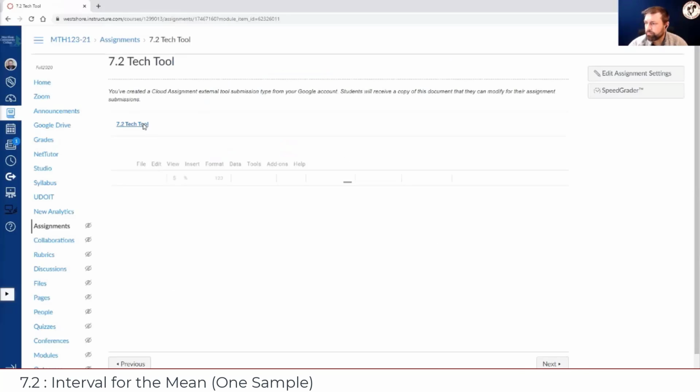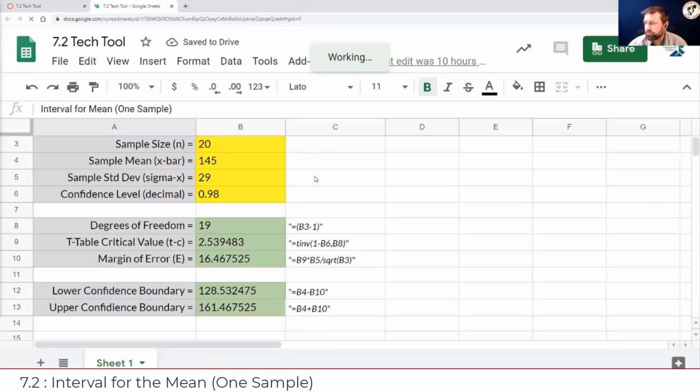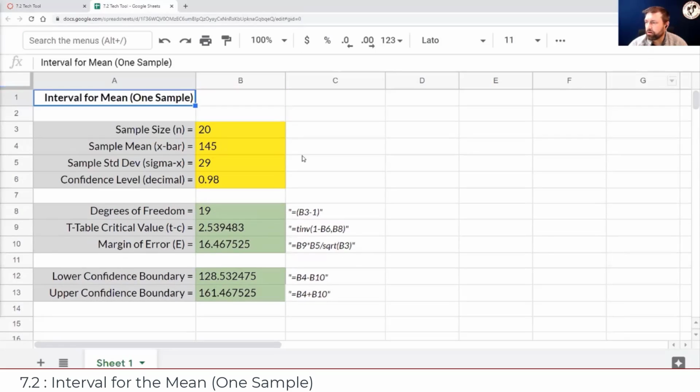So here is the 7.2 tech tool, and check this out. What you put in here is your sample size, the sample mean, the sample standard deviation, and then your confidence level as a decimal, okay? So 0.98 for 98% confidence.